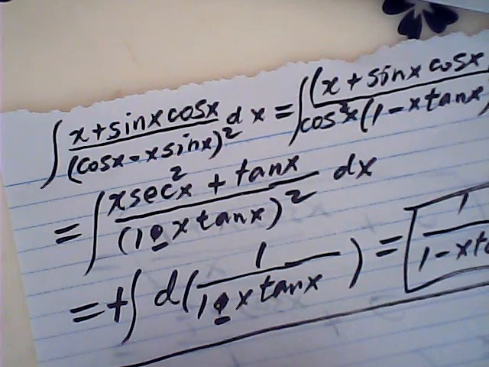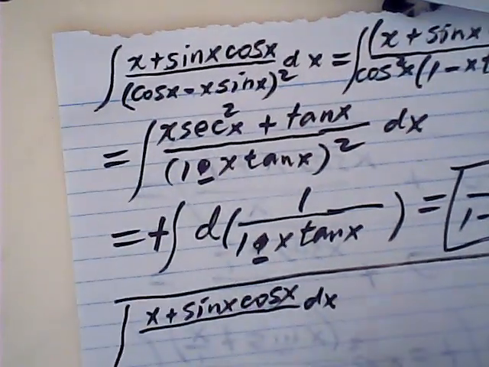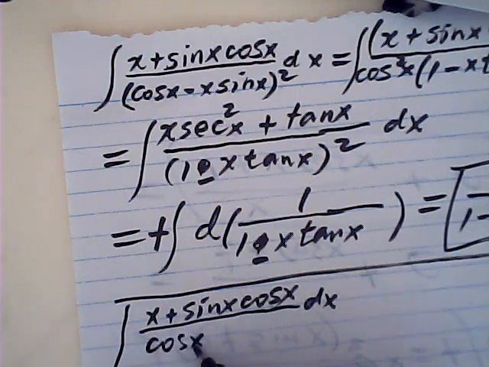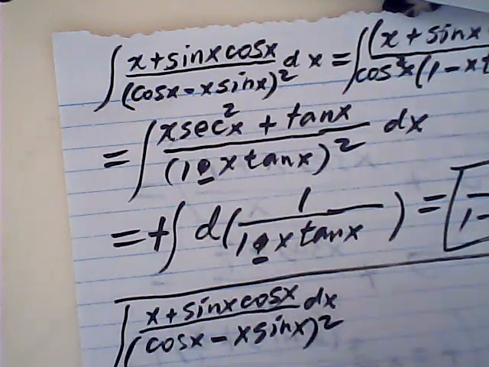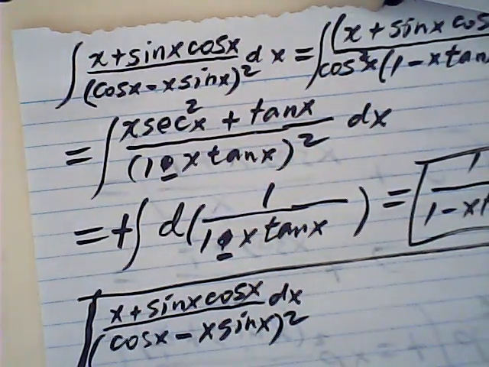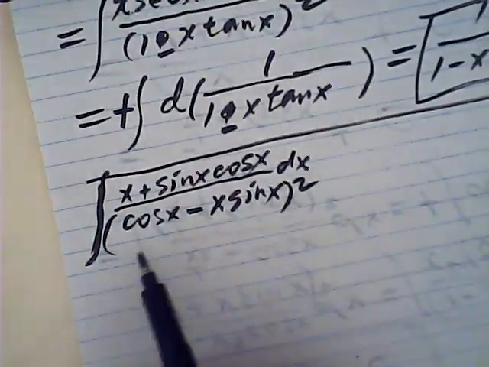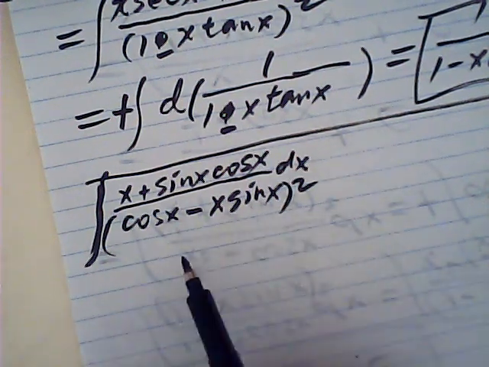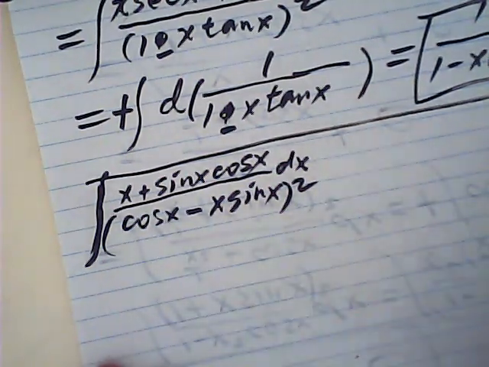Method 2: x plus sine x cosine x dx, over cosine x minus x sine x squared. Okay, good. Now the second method, I want to create something like a denominator so I can reduce the power of the denominator.